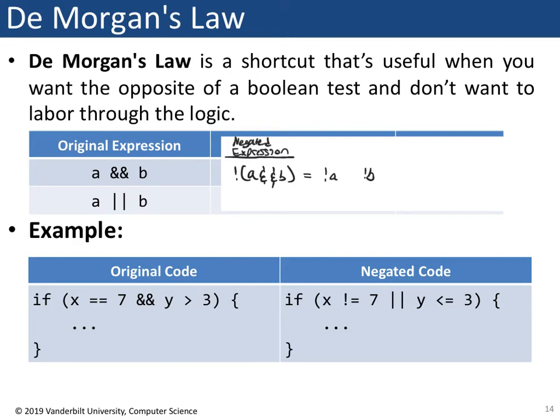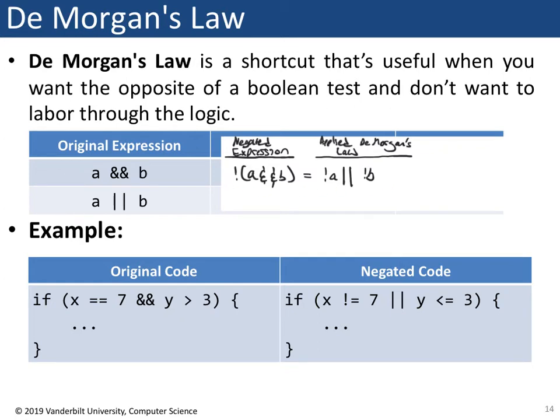And instead, when we do this, we have to change from an and to an or. And this is De Morgan's law. So these two are precisely equivalent. Not the quantity A and B is precisely equal to not A or not B.